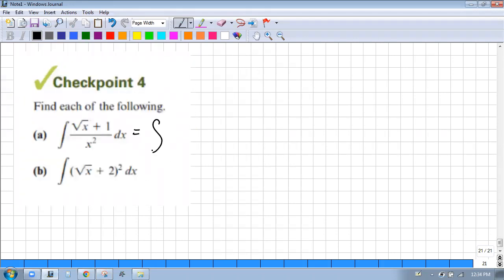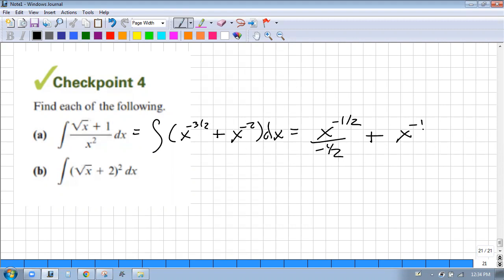All right, so this is really 1/2 minus 2. What's that? That's minus 3/2. And then this would be x to the minus 2. So if I add 1 to minus 3/2, I'd have a minus 1/2. And if I add 1 to minus 2, I get a minus 1. All right, this one, I'm going to square this thing out.